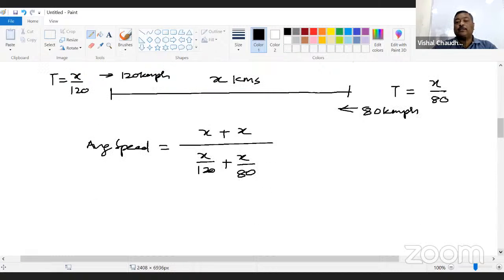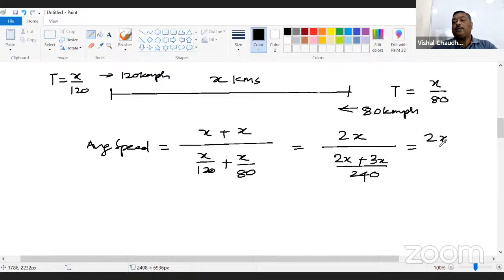Let's solve this equation. For 120 and 80, the LCM will be 240. Clear? So 120 twos are 240, this will be x into 2, that is 2x. 80 threes are 240, so this will be 3 into x, that is 3x. This will be 2x by 5x into 240.